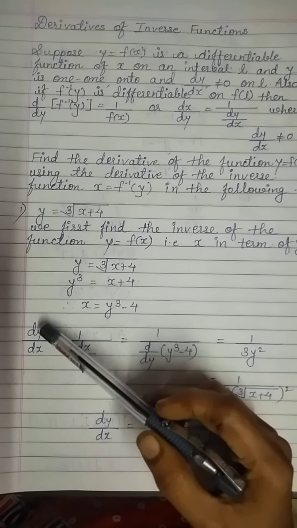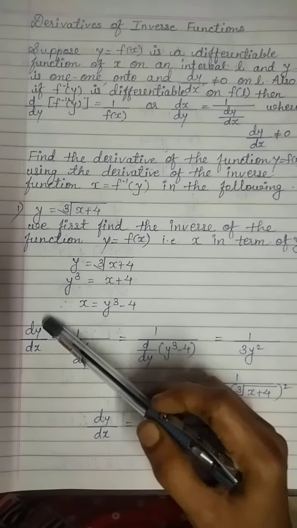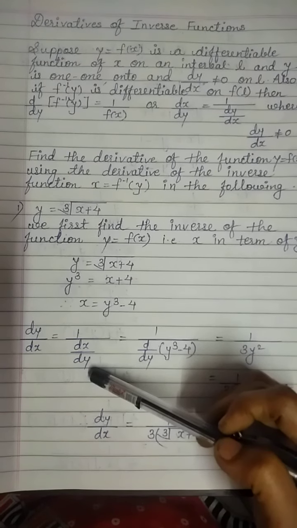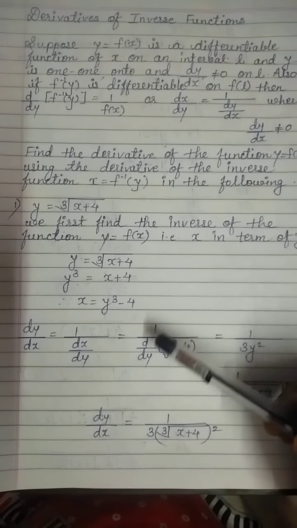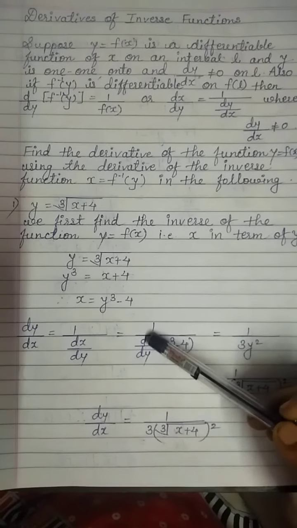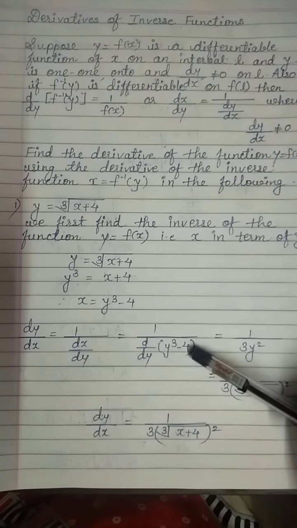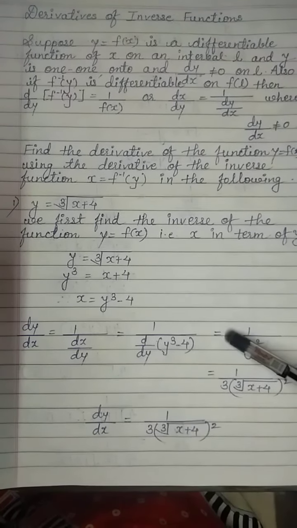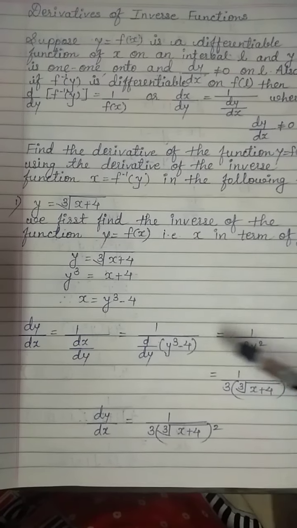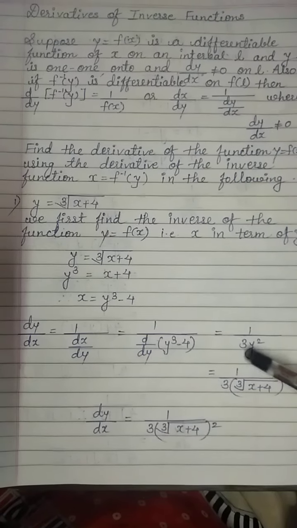So by using the inverse function formula, dy by dx we can write as 1 upon dx by dy. So here 1 upon derivative of x with respect to y, that is derivative of y cube minus 4 with respect to y. So derivative of y cube is 3y square, derivative of 4 is 0, that is only 3y square.